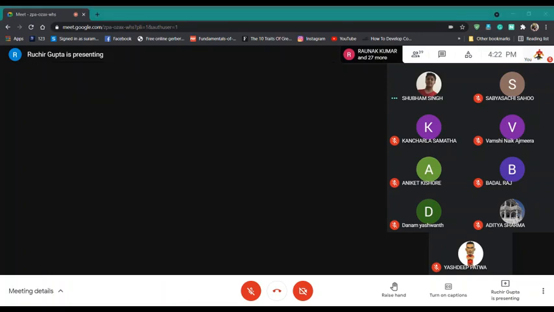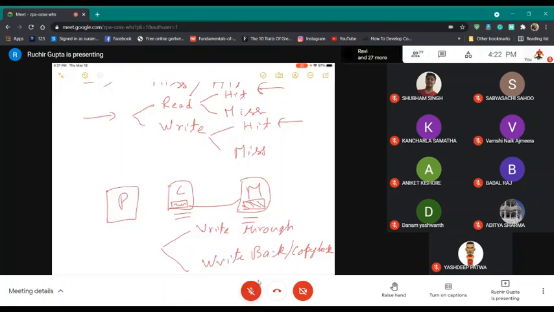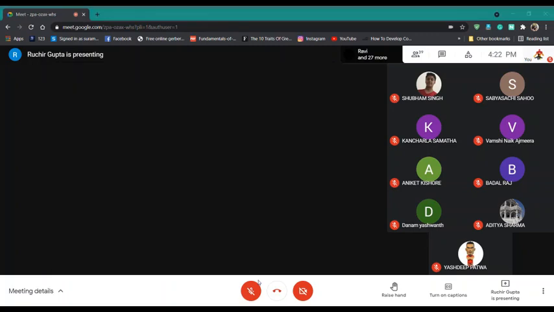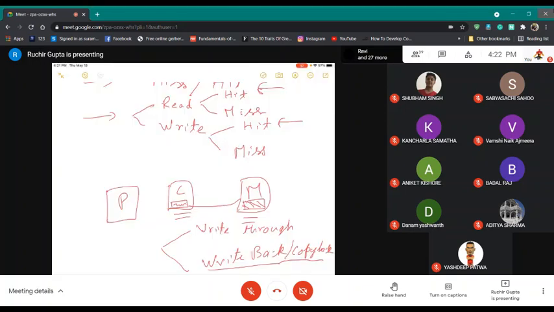So there are two ways by which we can do that. One, of course, as your friend told, write back, in which whatsoever you are writing in the cache, you flag it as a dirty bit or modified bit, and eventually, after some time, you update it in main memory.